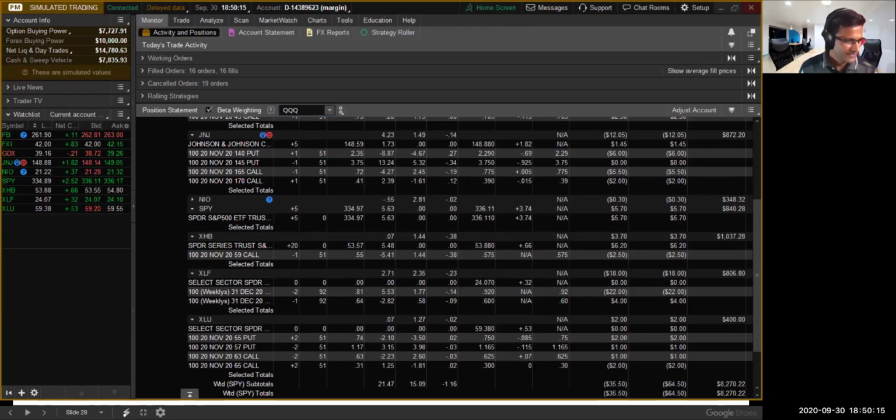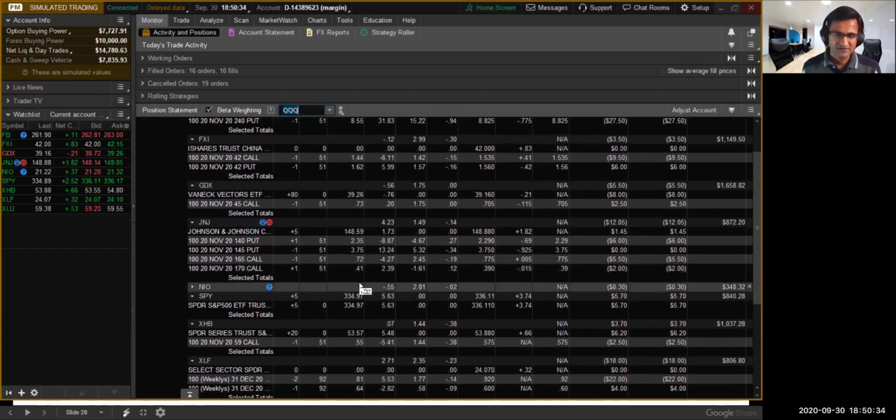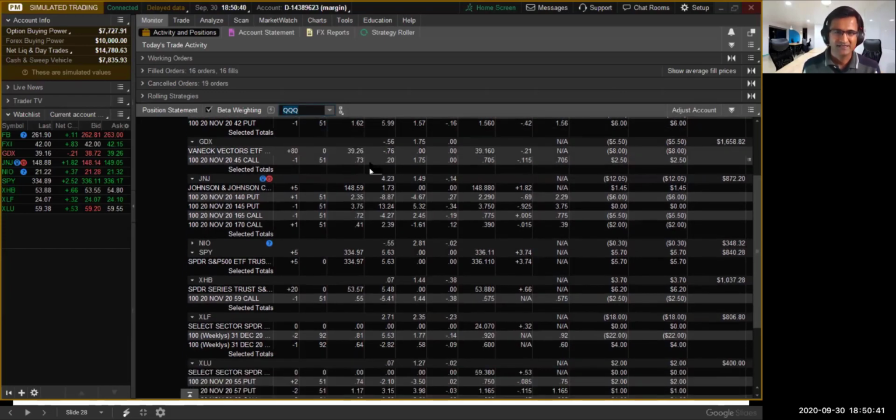Does anyone have an account at Fidelity or another brokerage, and has been following this? I know that Thinkorswim shows it right up front, I mean you have to come to your position statement and see what your overall delta is. Tastyworks shows it right on the top, what your overall beta weighted delta is.